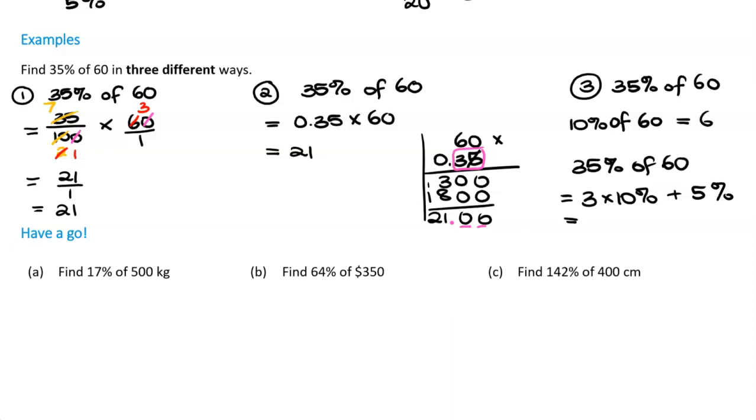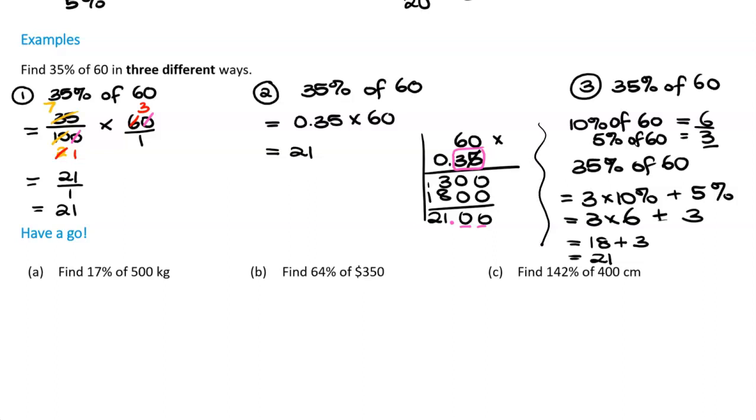So if 10% of 60 was 6, then 5% of 60 would be half of that, which would be 3. Okay, so 3 times that 10%, which was 6, plus the 5%, which was 3. 3 times 6 is 18, plus 3. 18 plus 3, 21.